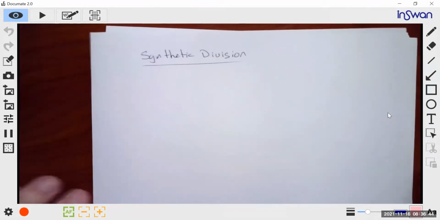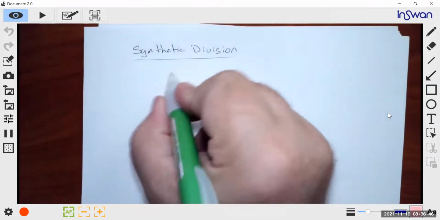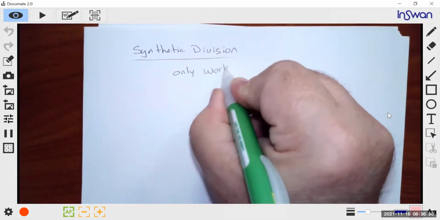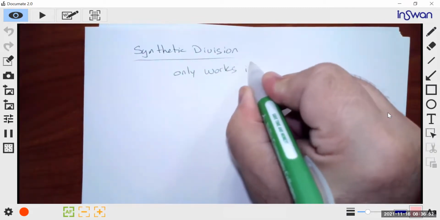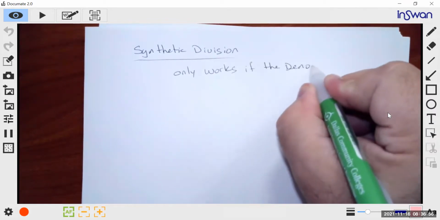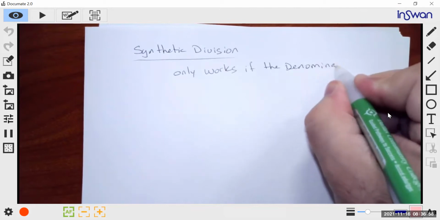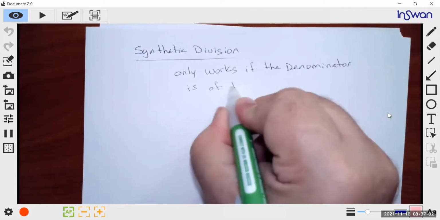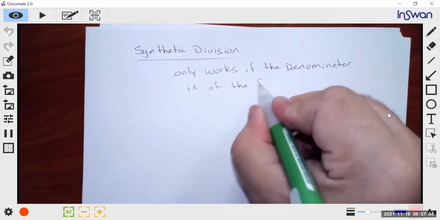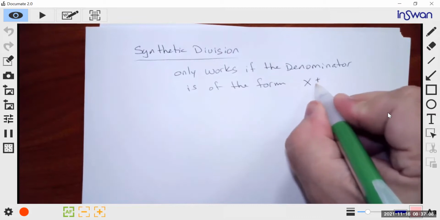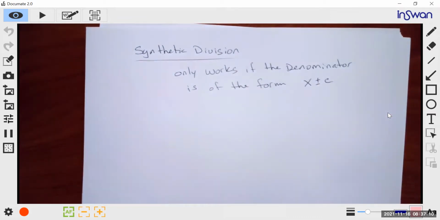Synthetic division, first off, only works if the denominator is of the form x plus or minus some number.